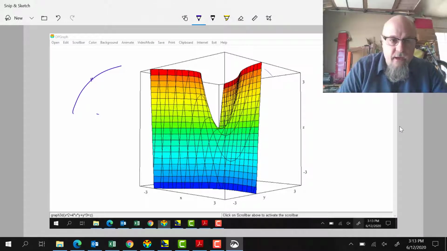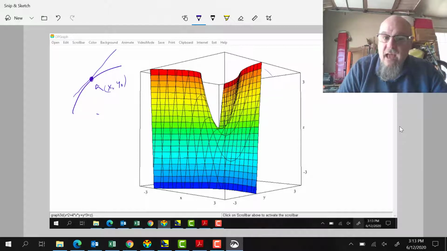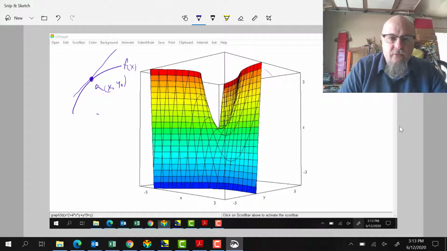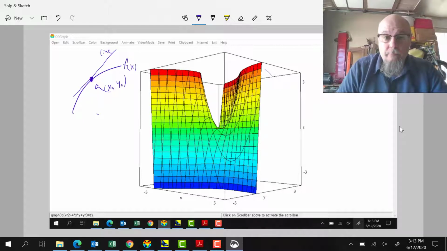Now this is one-dimensional calculus. If I'm talking about the equation of the tangent line there, it goes through the same x naught, y naught point as the curve. This is f of x. This is my line, my tangent line. It goes through the same point, and it has the same slope.